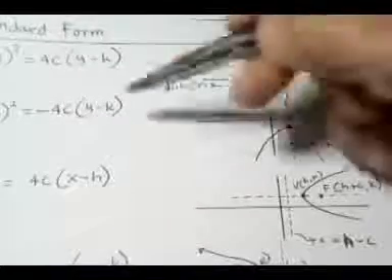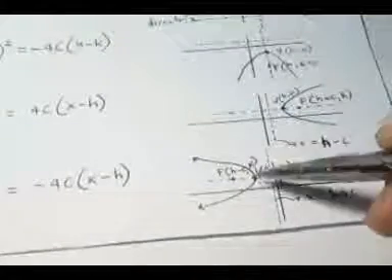In the same manner, if the vertex is no longer at the origin but at some point (h, k), if it is open upward, this is positive. If it is open down, this is negative. And if it is open to the right, this is positive, and open to the left, this is negative. And take note that the directrix and the focus are equidistant from the vertex. This focus has the same distance to the vertex as this directrix from the vertex.